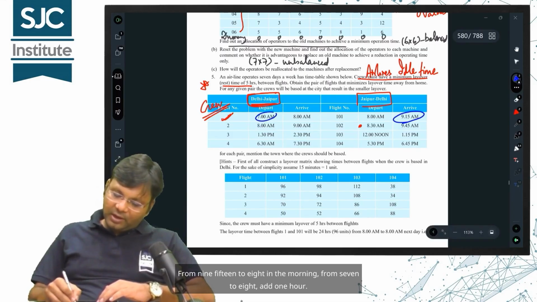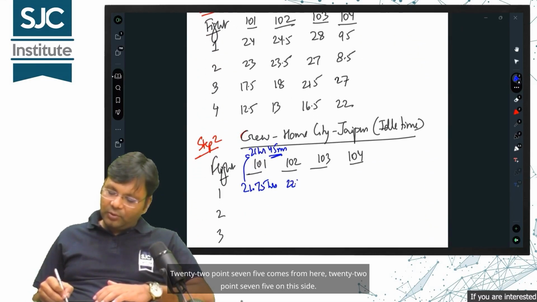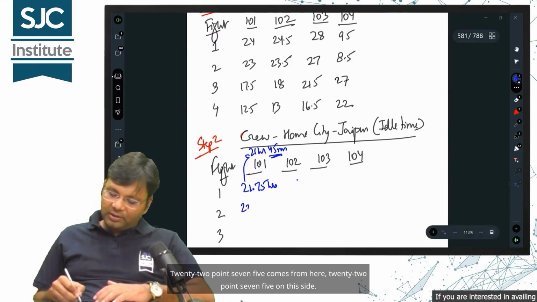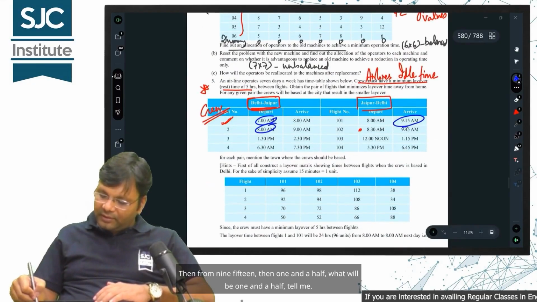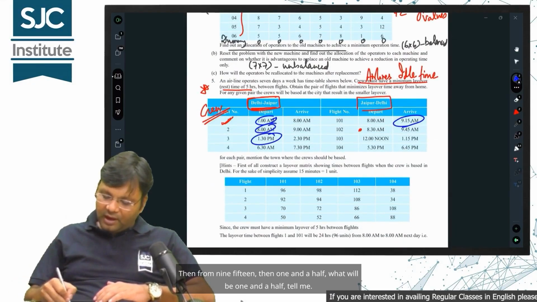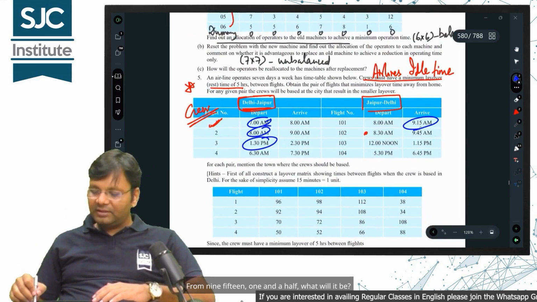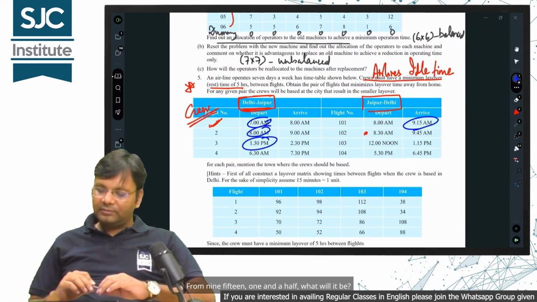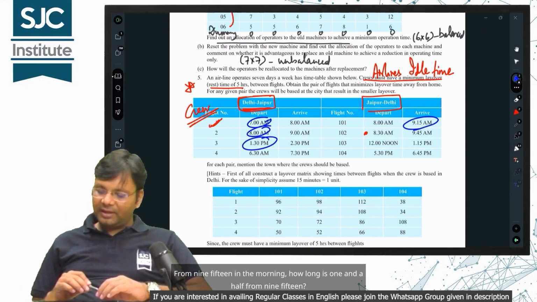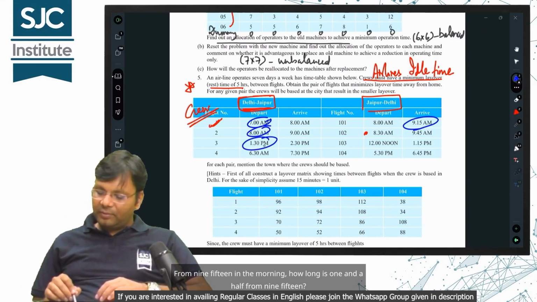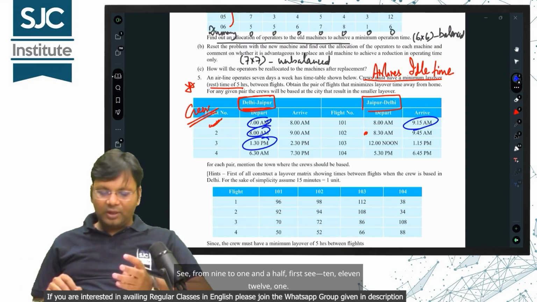From 9:15 to 8 in the morning, from 7 to 8, add 1 hour. 22.75 comes from here. Then from 9:15, then 1.5. What will be 1.5? Tell me. From 9:15 in the morning, how long is 1.5 from 9:15? See, from 9 to 1.5, first see 10, 11, 12, 1.